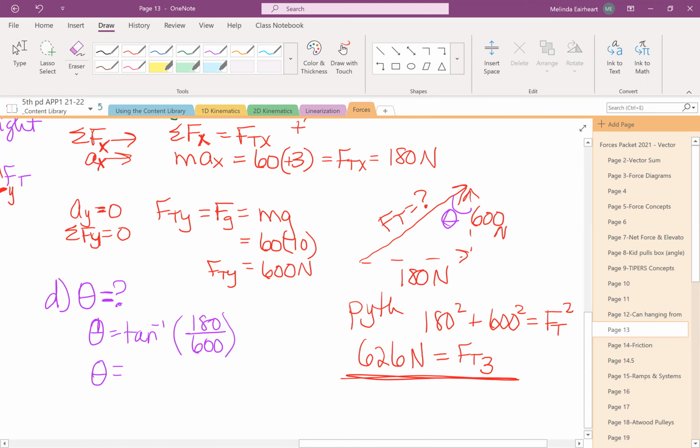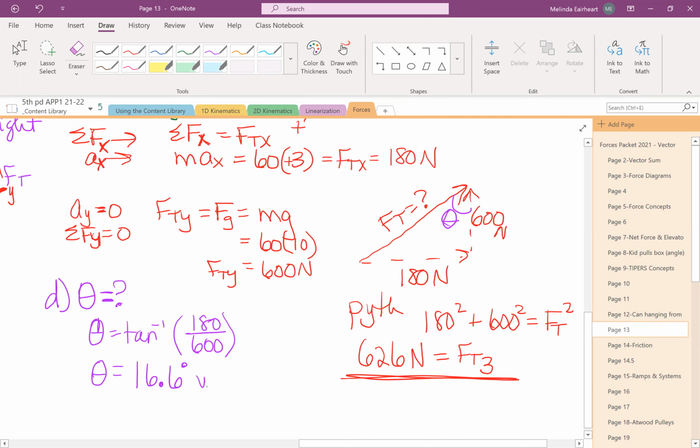And so going in inverse tan, whatever you get, let me know what you get. Got an answer yet? 16.6. 16.6, or you could call it 17, either way.